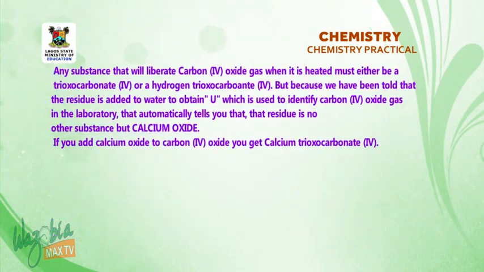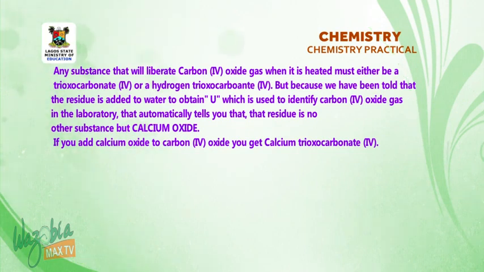Any substance that will liberate carbon 4 oxide gas when it is heated must either be a trioxocarbonate 4 or a hydrogen trioxocarbonate 4. But because we have been told that the residue is added to water to obtain P, which is used to identify carbon 4 oxide in the laboratory, that automatically tells you that that residue is no other substance but calcium oxide.